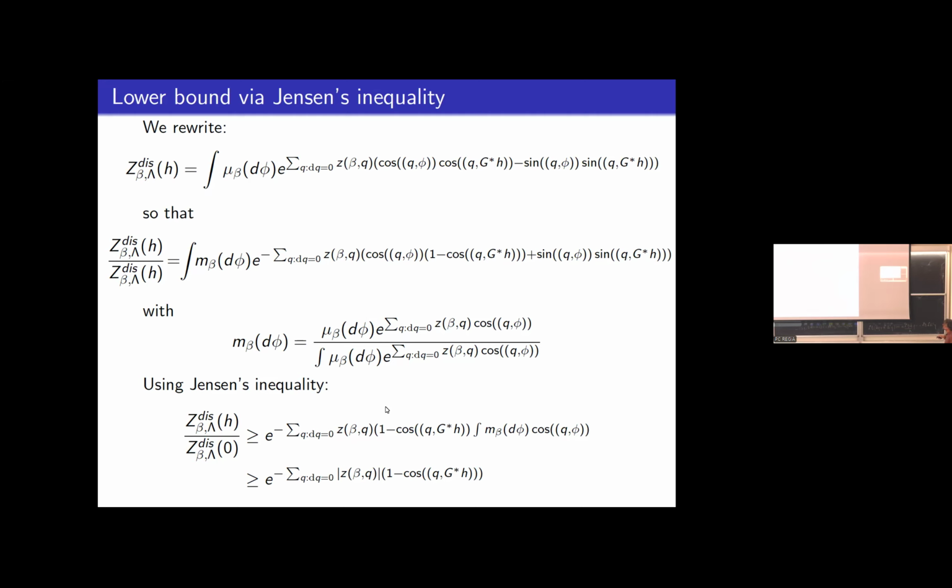It is just the new measure obtained by dressing the Gaussian measure by this cosine part. It is the measure that you have at the denominator. This thing here at the denominator is just a compact way of rewriting the denominator, the thing with H equals 0. Written like this, you see that the correlation function we want to compute is the average with respect to this now non-Gaussian measure of this exponential.